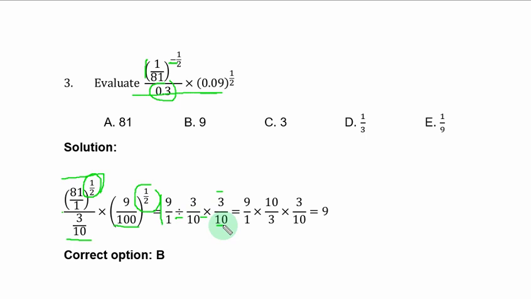Anytime we are to divide fractions, division sign is always converted to multiplication. Then you invert the fraction at the right side in this form. Here, 3 cancels 3, 10 cancels 10. You are left with 9 over 1, and that is 9. B is the correct option.